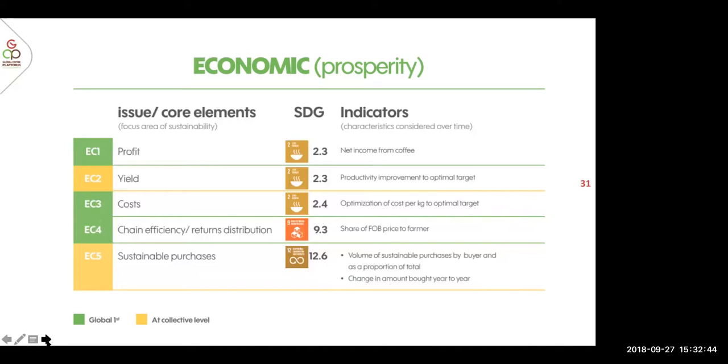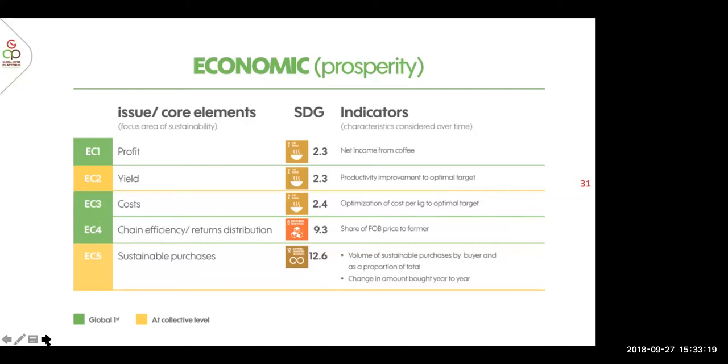And the other part is the issue of sustainable purchases, which is important because when farmers and players work on sustainability, we also need a market or demand for what is produced sustainably. Some of the indicators proposed are net income from coffee, and productivity improvement to an optimal target, because we know in some places the challenge is maybe overproduction, and in others it is production way below your potential.